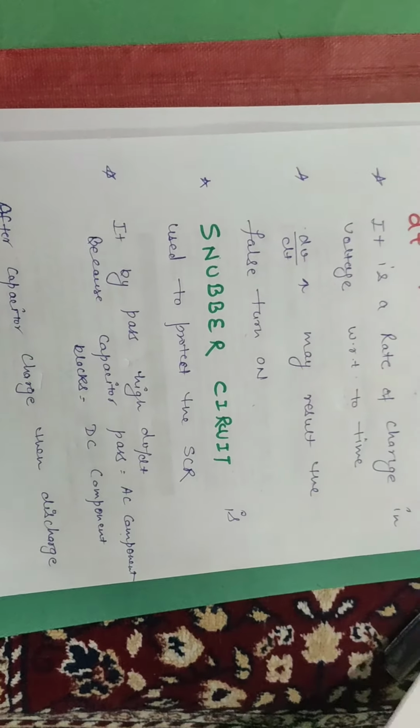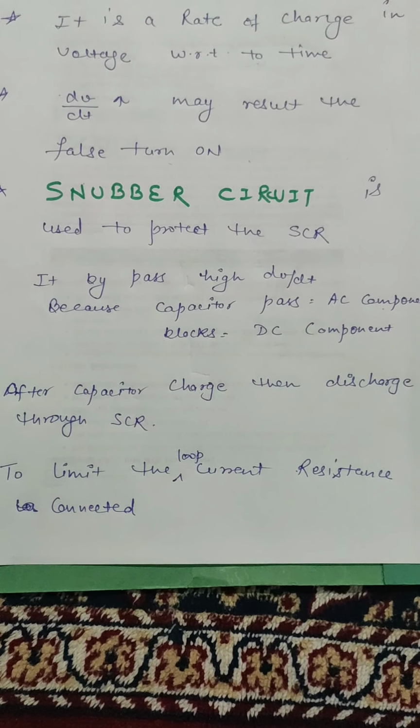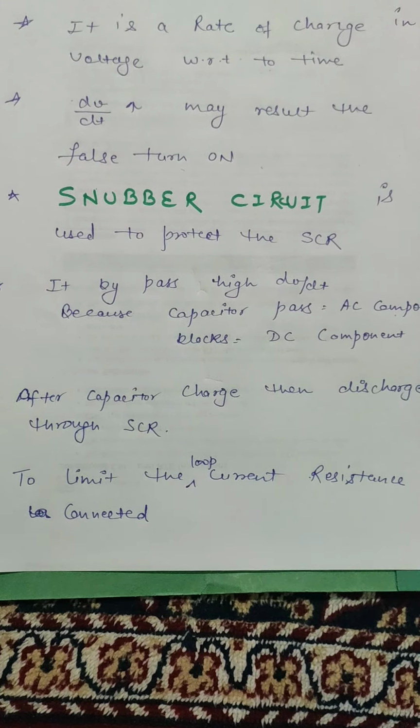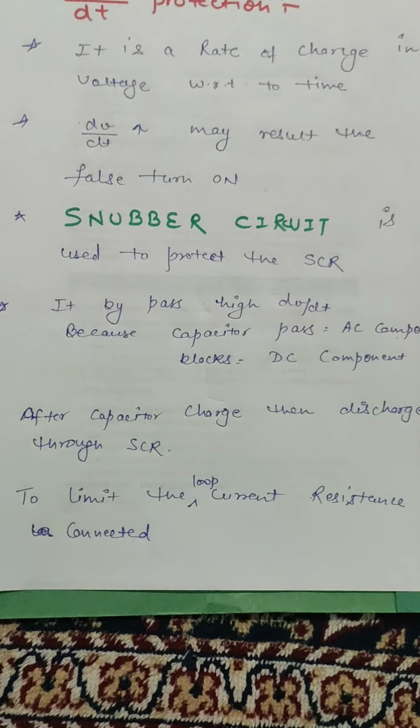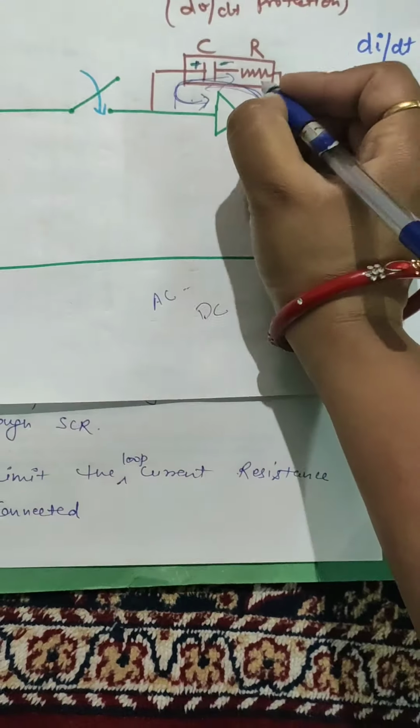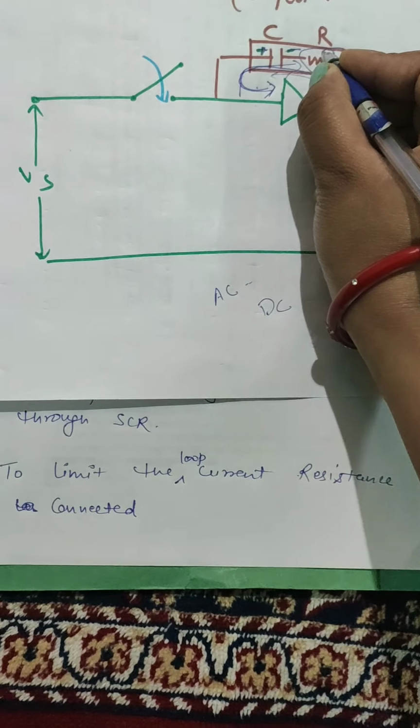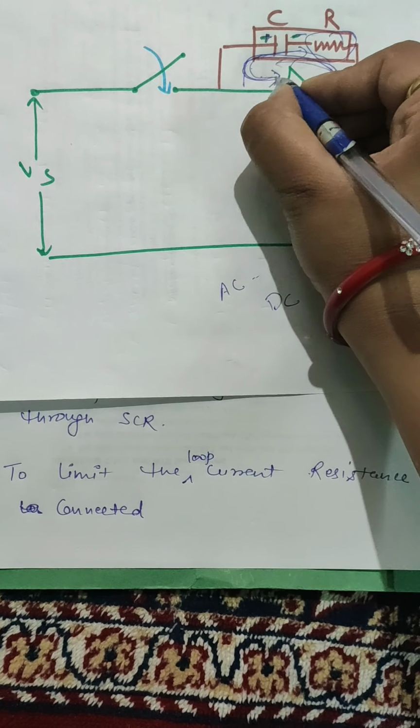After the capacitor charges, it then discharges through SCR. To limit the loop current, resistance is connected. Why is this resistance connected? Because to limit this loop current.